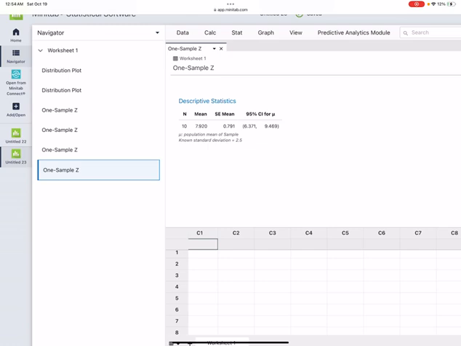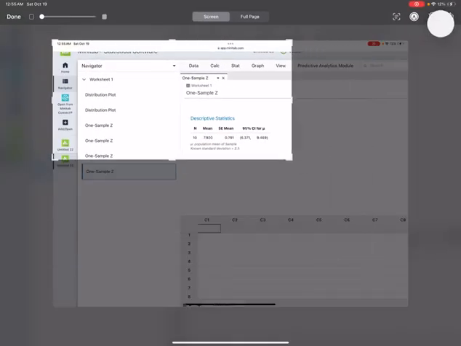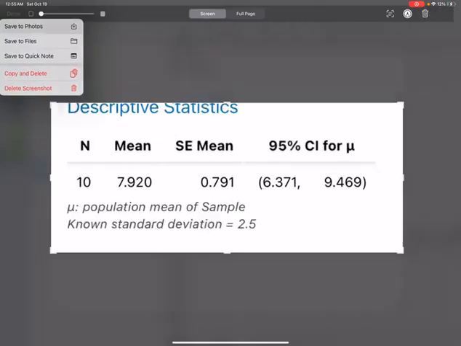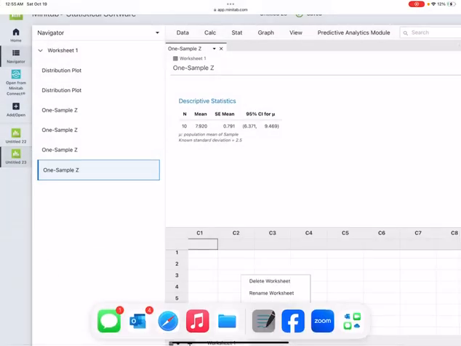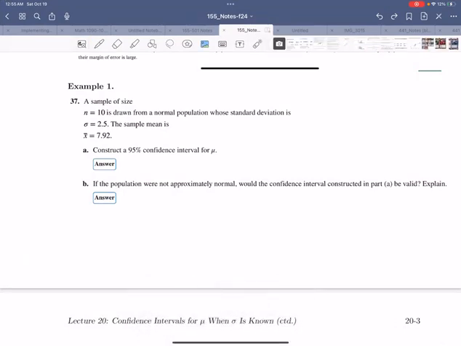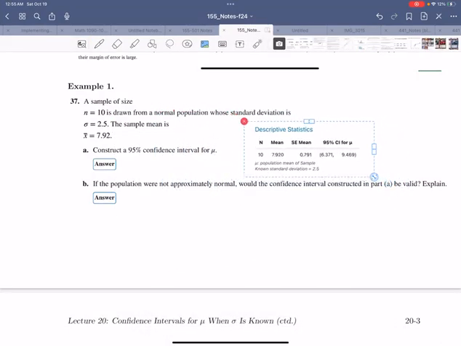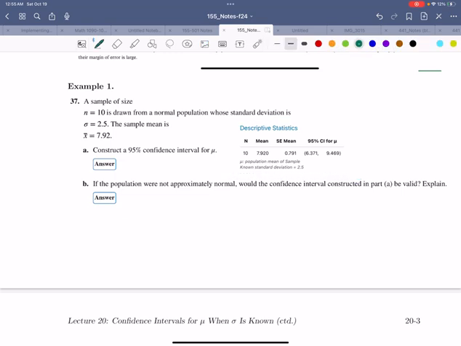Right? So that's what we've got: 6.371 to 9.469. Let me just do that real quick. So I'm just going to be lazy, not even write it, just put the Minitab. Right, there, let's try to get a better circle.